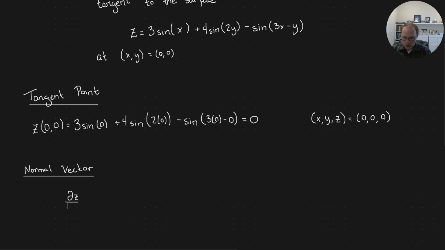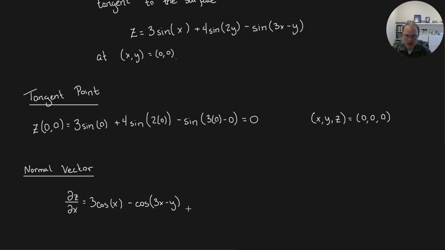So let's take the partial derivative of my function with respect to x. Derivative of 3 sine x is 3 cosine x. Derivative of 4 times sine of 2y: because we're treating y as a constant, all of that's just a constant. Derivative of a constant is 0, it'll just go away. And the derivative of negative sine (3x minus y), I'll need a little bit of chain rule here. I get negative cosine (3x minus y).